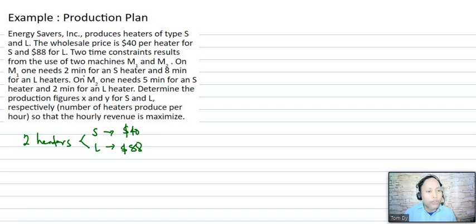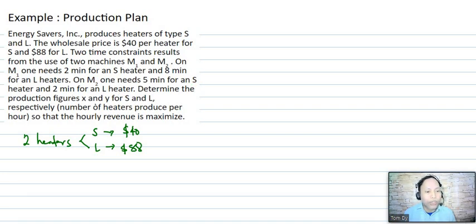These heaters will pass through machine 1 and machine 2. On M2, one needs 5 minutes for an S heater and 2 minutes for an L heater.